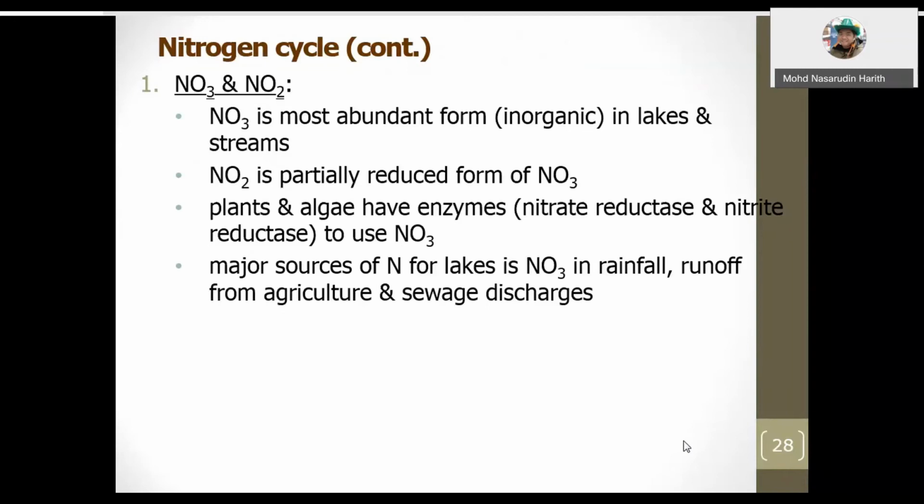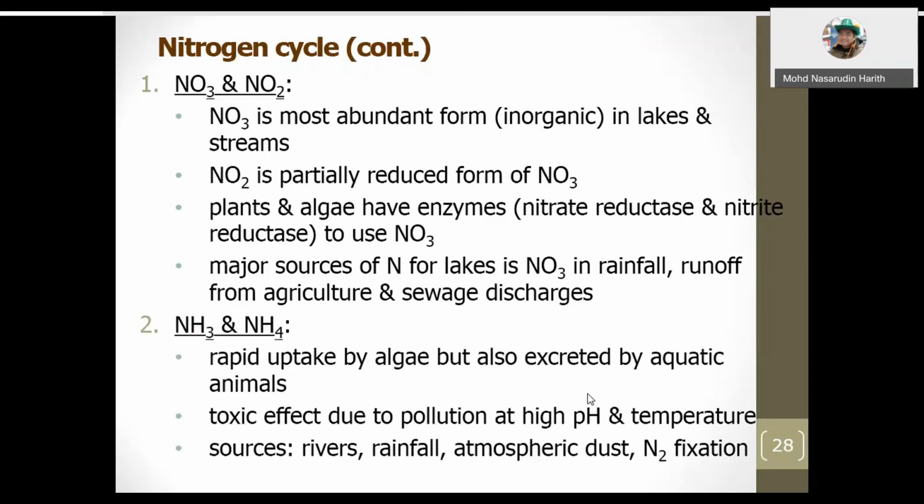Nitrate and nitrite. Nitrate is the most abundant form of inorganic nitrogen in lakes and streams. Nitrite is a partially reduced form of nitrate. Plants and algae have enzymes, namely nitrate reductase and nitrite reductase, to use nitrate. Major sources of nitrogen for lakes are nitrate in rainfall, runoff from agriculture, and sewage discharges.